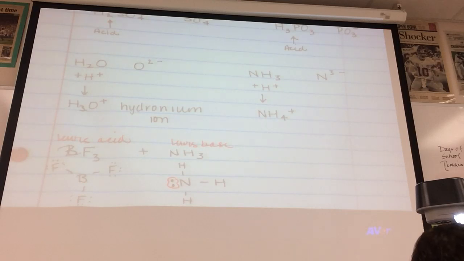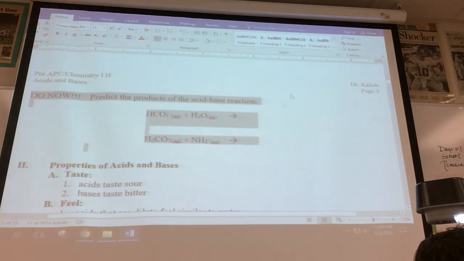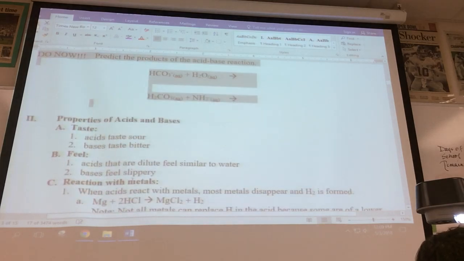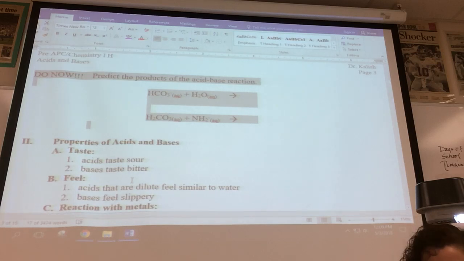We also want to mention some properties of acids and bases. Before doing so, in your notes there's a do now, and I think this will be a good place to just practice the Bronsted-Lowry. We'll then get into properties of acids and bases and just talk a little bit about pH today. So try and do that do now, and we will go over it.